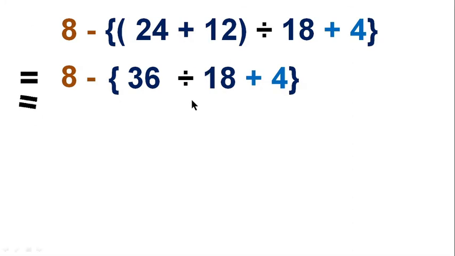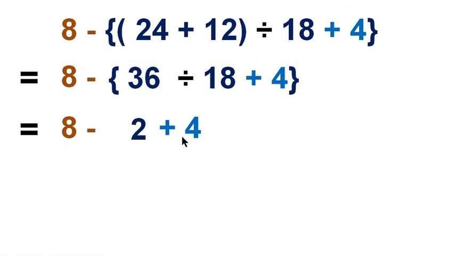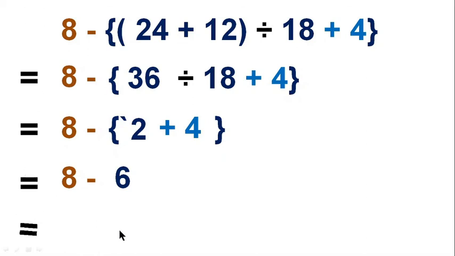If we divide 36 by 18, answer will be 2, because 2 18s are 36, and plus 4 will be written here same, and second bracket closed. And we will add here 2 and 4, that means 6. If we subtract, our difference will be 2, and this 2 is the answer of this simplification.